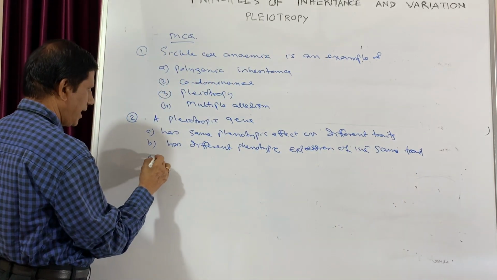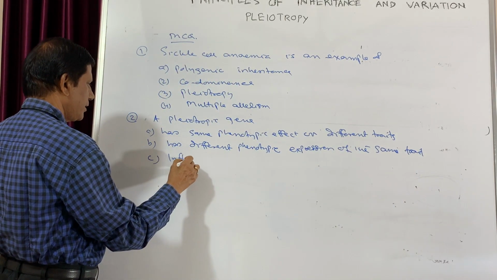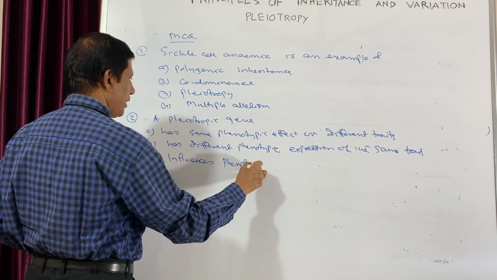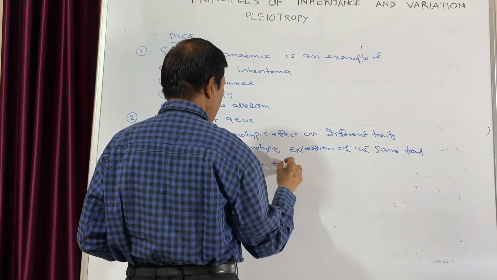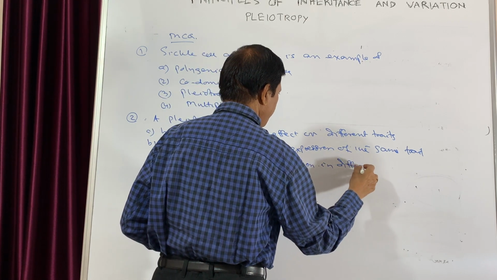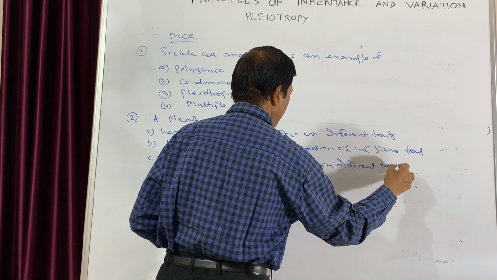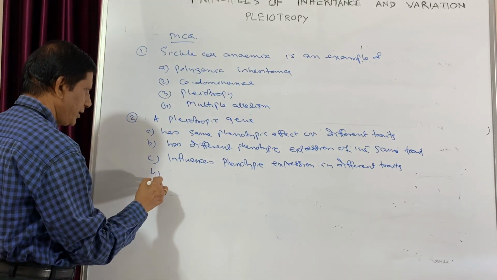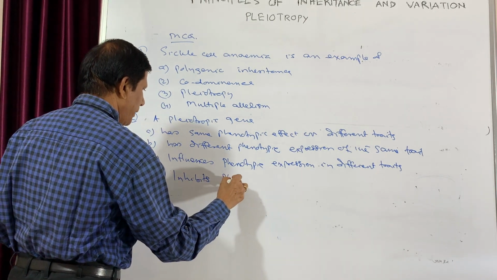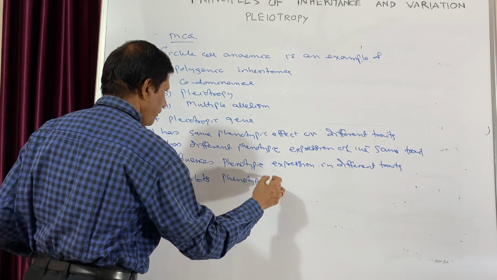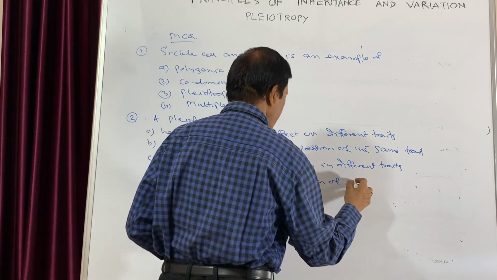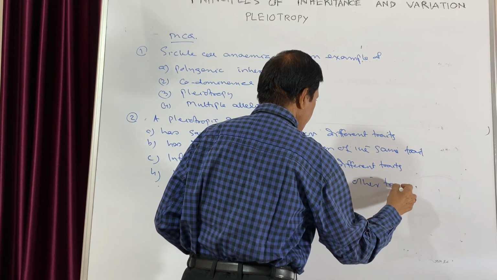Then the third choice, influences phenotypic expression in different traits. And the fourth choice is, inhibits phenotypic expression of other traits.